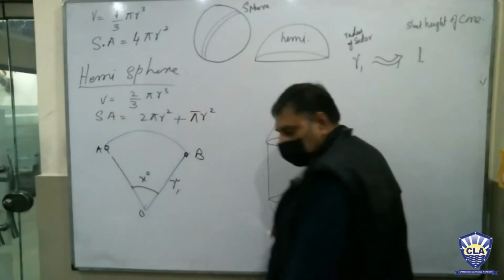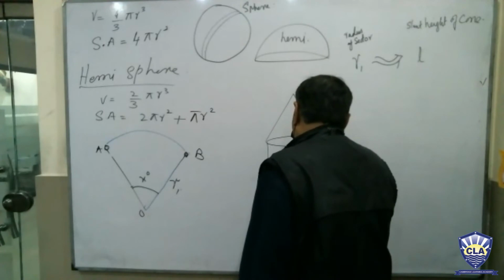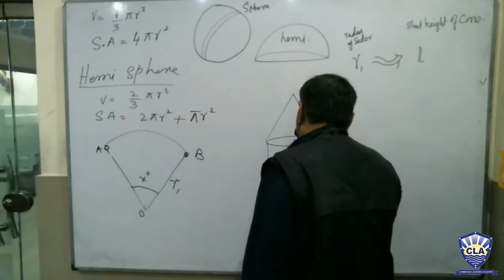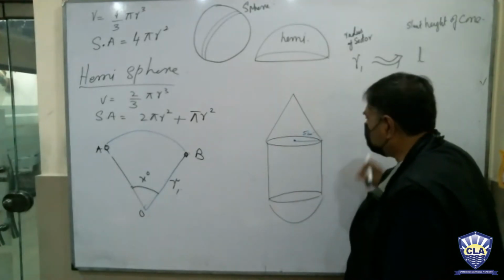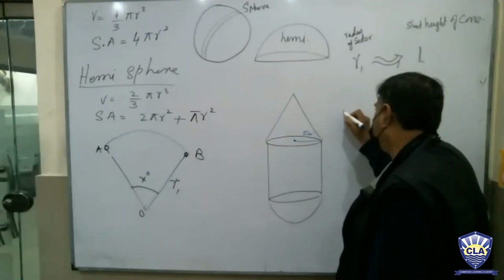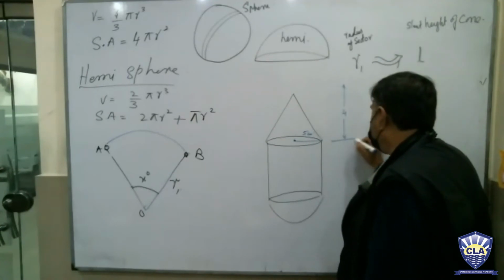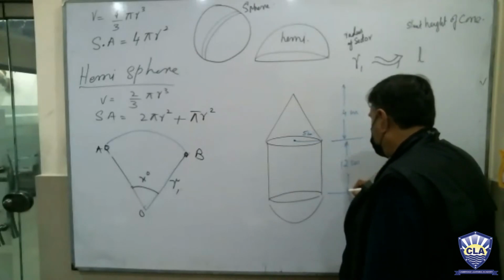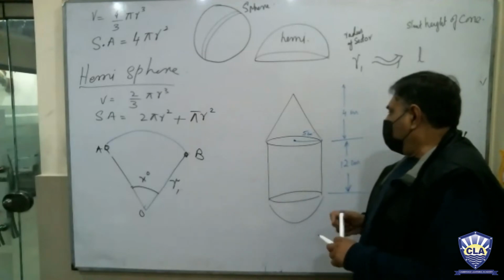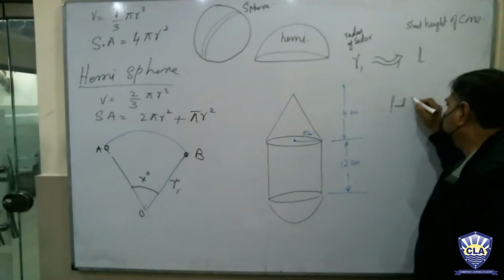Radius is given to you. The measurements are: radius is 5 centimeters. Height is... The question is, find the volume.